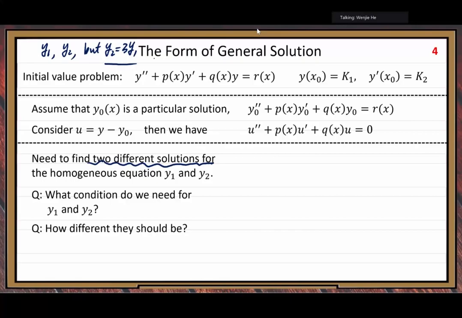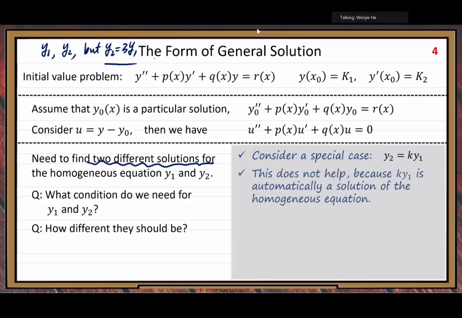Actually, what do we want? We want these two solutions to be fundamentally different. Fundamentally different. Consider a special case, k times y1.